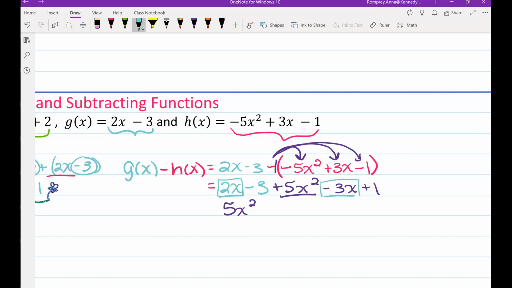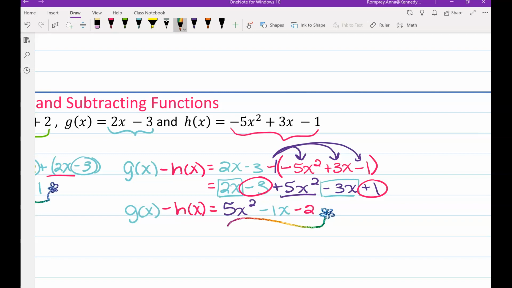So 2x minus 3x gives me negative 1x or negative x, however you like to write it. And then let's look at our constants, a negative 3 and a positive 1. So negative 3 plus 1, negative 2. All right, I am in simplest form. So g of x minus h of x equals 5x squared minus 1x minus 2. That's it.